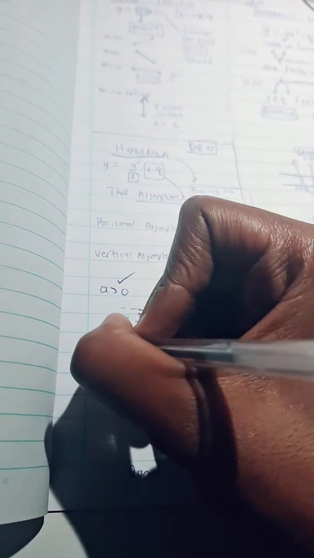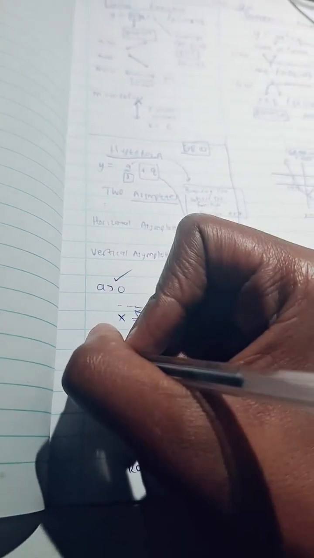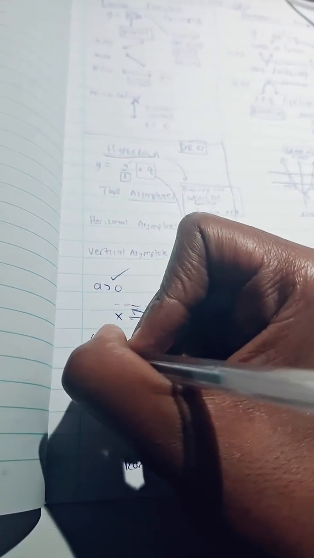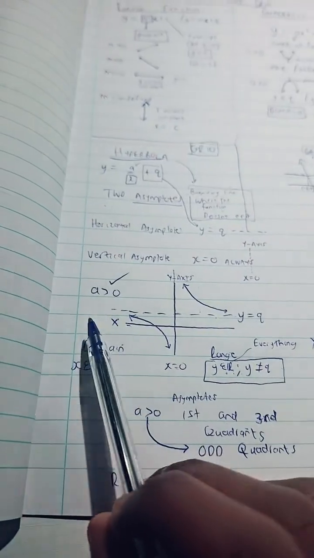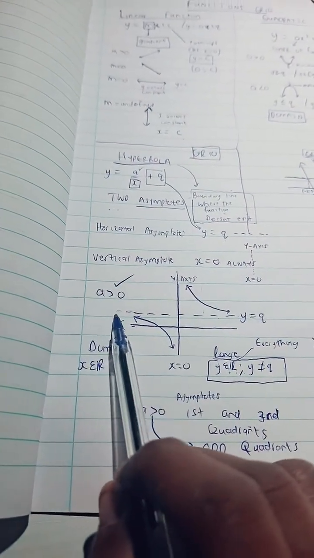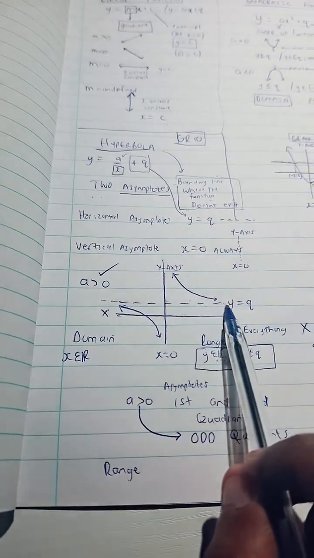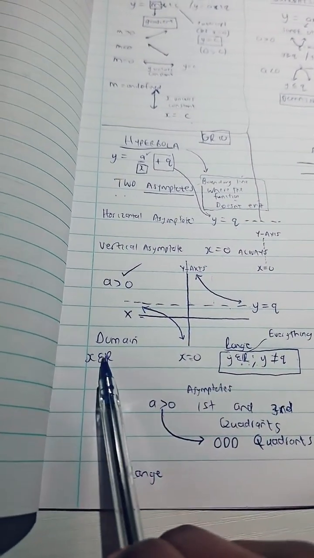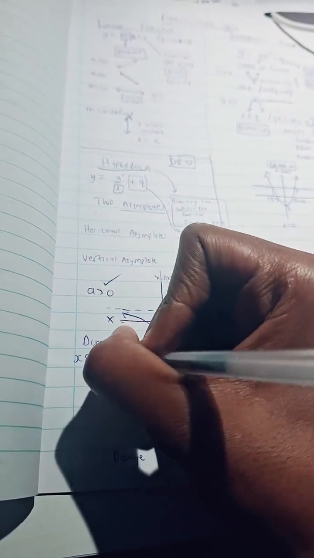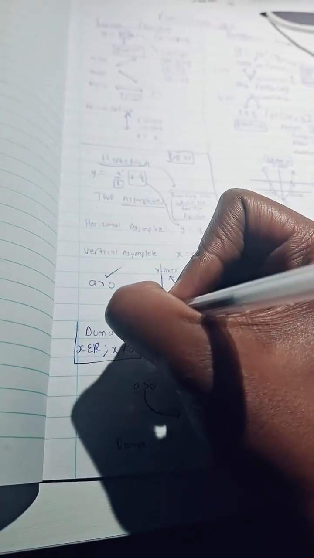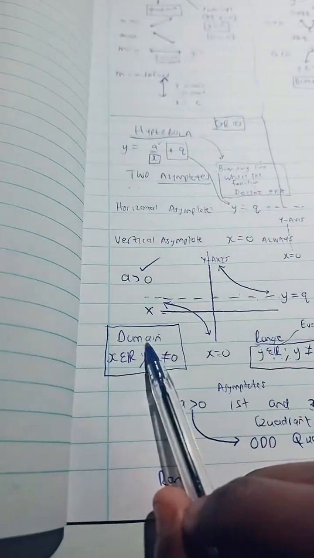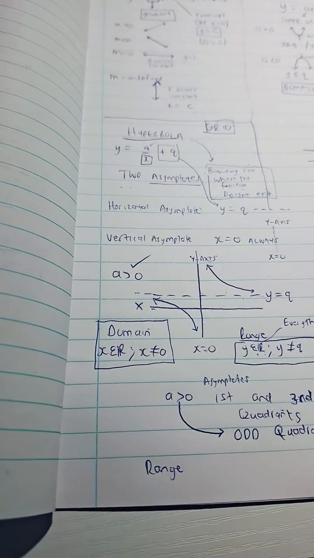So we write the domain for a hyperbola: we say x is an element of R. From the left to the right, it means the function exists everywhere for x, but x cannot be 0. This is the domain always in grade 10 for a hyperbola function.